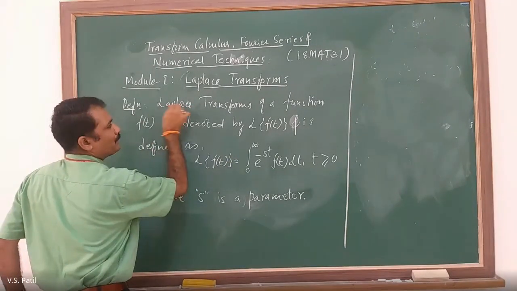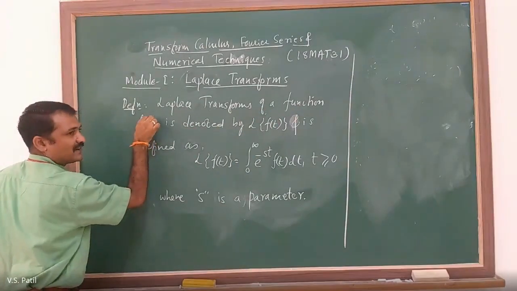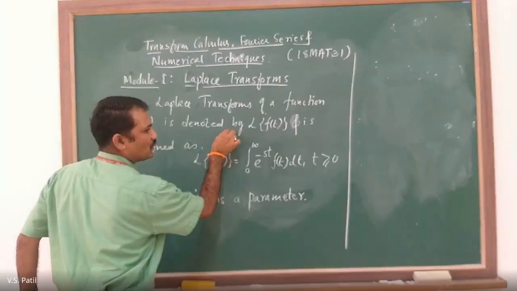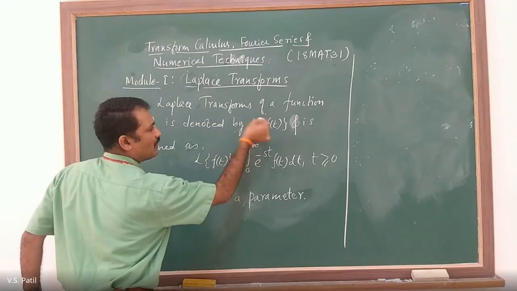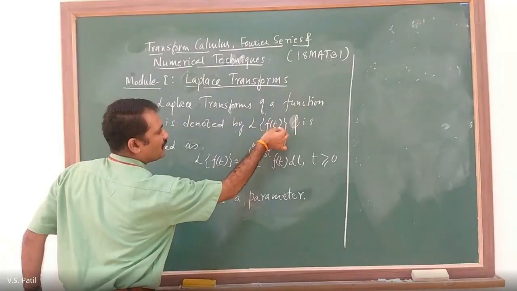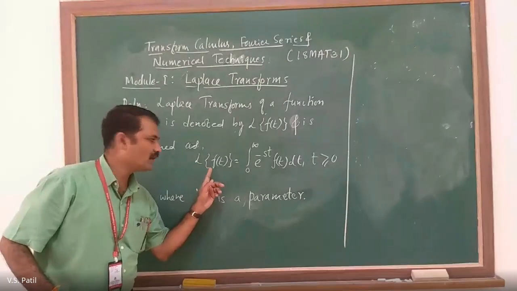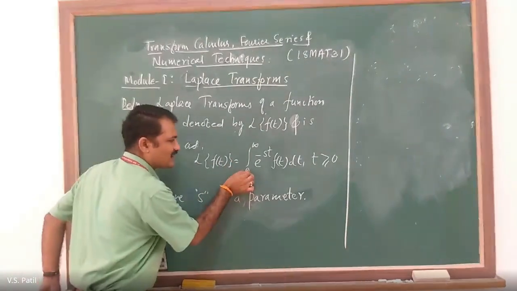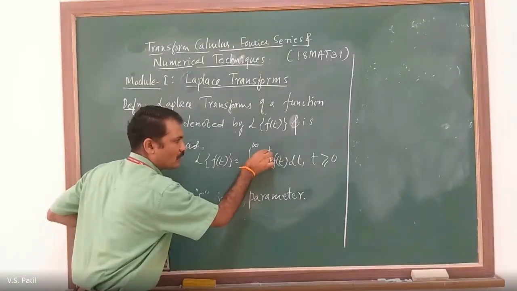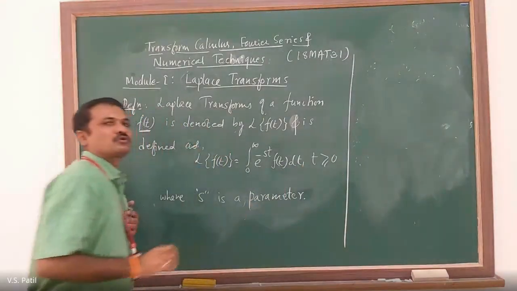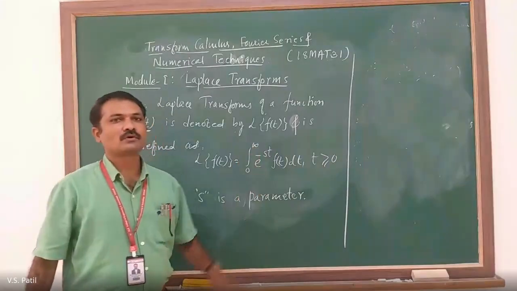The Laplace transform of a function f of t, where t is a continuous time variable, is denoted by L of f of t, and is defined as: Laplace transform of f of t is equal to the integration from 0 to infinity of e to the power minus st into f of t dt, where t is a positive time, t is greater than or equal to 0.